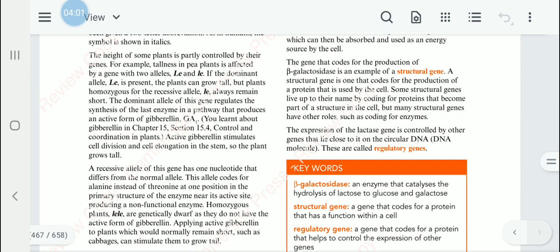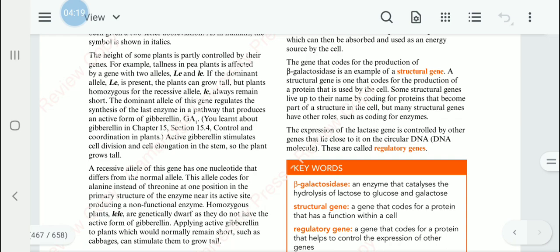So as a result of the active form of gibberellin, the stem is going to elongate, and as a result the plant is going to grow tall.